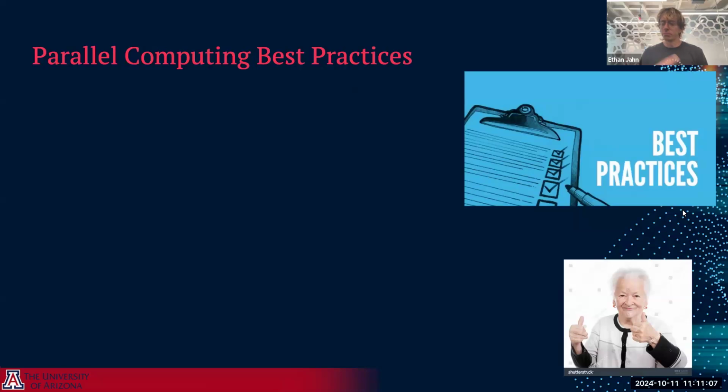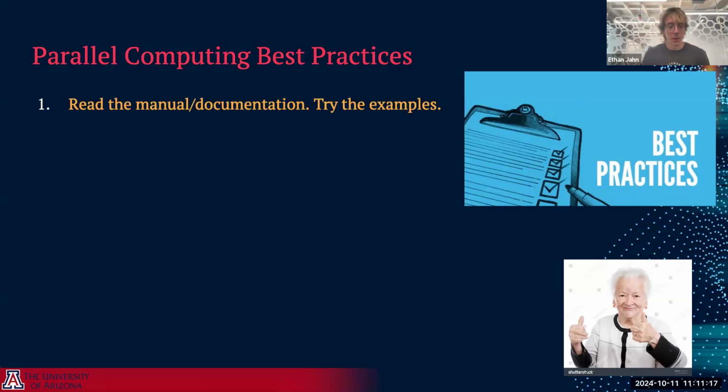Okay, so let's just quickly go through some best practices. These will be good to keep in mind as we go through the rest of this presentation and as you are thinking about implementing these for your own workflow. So first is read the manual and documentation. This is always number one for any software thing. Try the examples. Many research software out there is very well documented and has plenty of examples for you to try on your own.